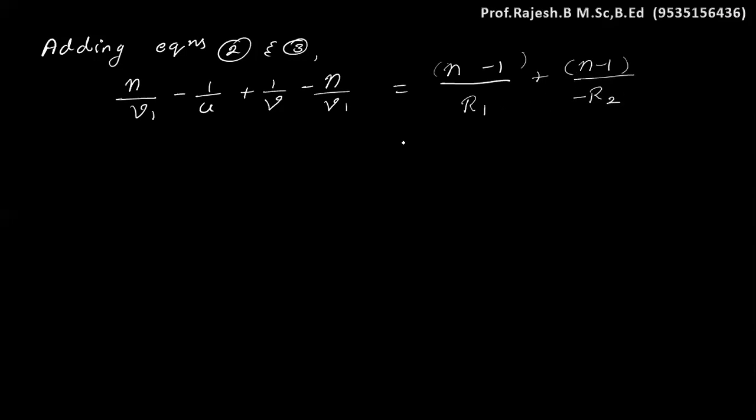This is the RHS of the third equation. Now your plus N by V1 minus N by V1 get cancelled. Then we got 1 by V minus 1 by U is equal to, I can take N minus 1 common, 1 by R1 minus 1 by R2.